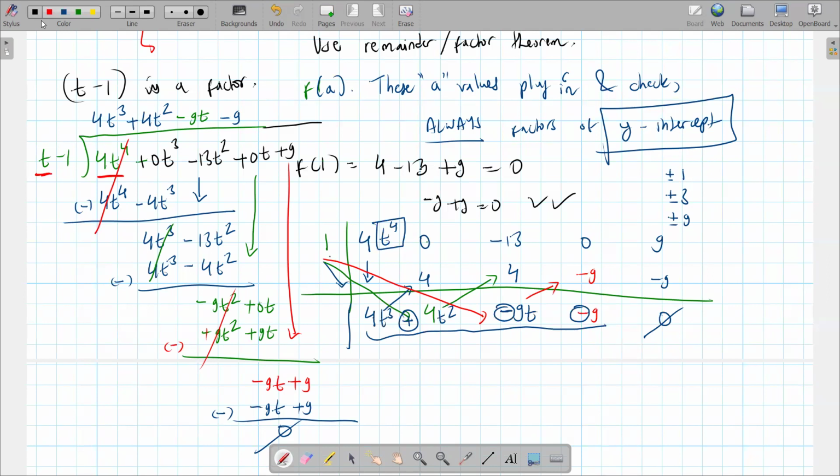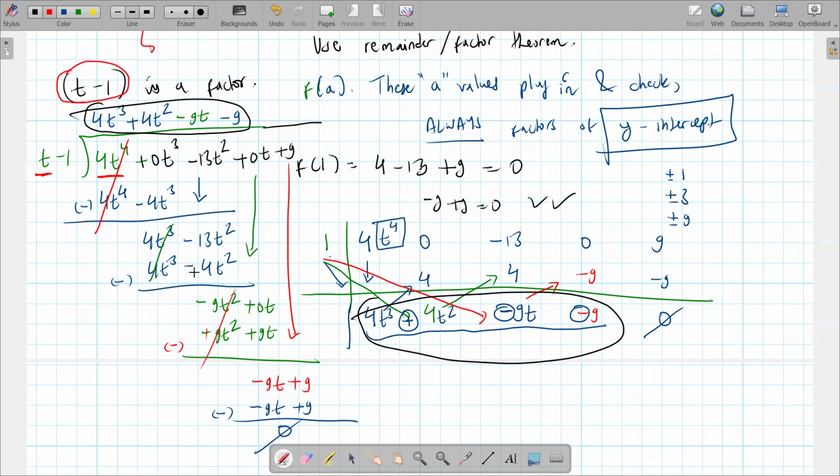And now check this out. This and this are the exact same thing. But obviously, synthetic is quicker, right? But synthetic you can only use when your divisor, the thing you're dividing by, is a linear function like this, t minus 1. Because that was t minus 1, we could use synthetic division.